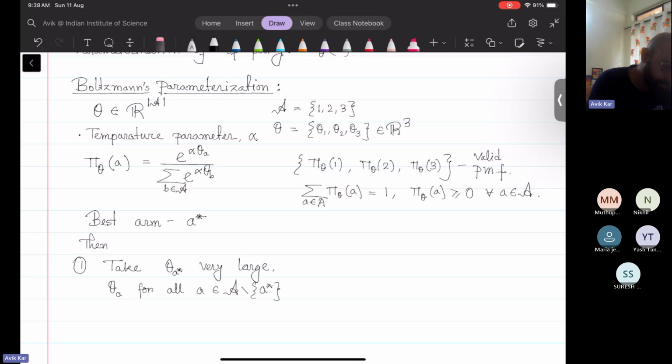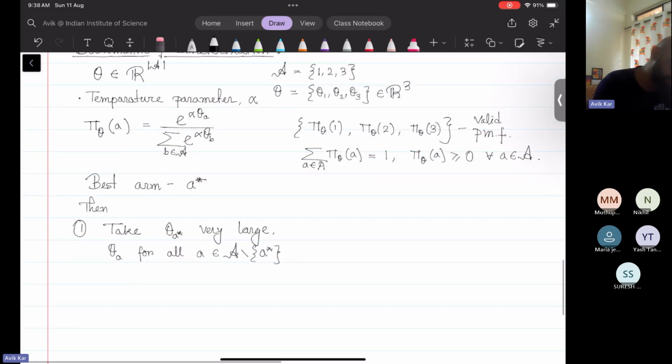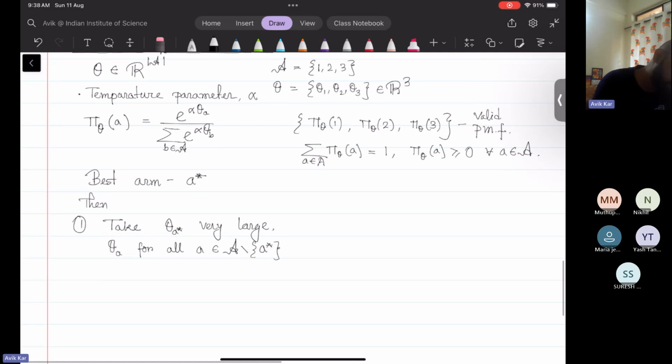I think you are familiar with these set notations, right? If not, then please stop me and I'll clarify. So theta a equals something very small.